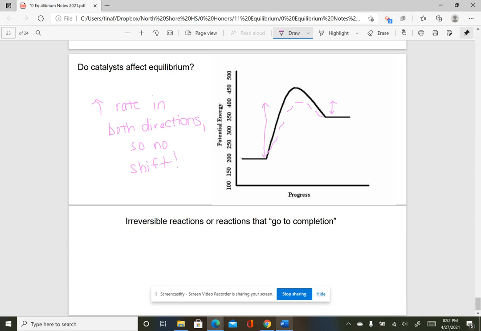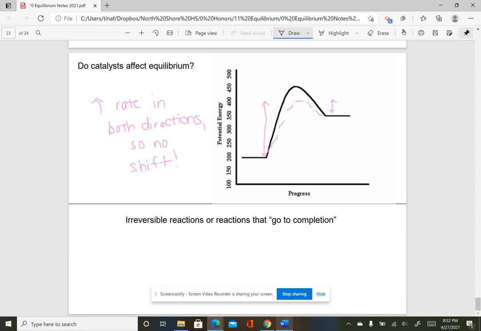All right. Irreversible reactions or reactions that go to completion. So basically, if you have a KEQ, an equilibrium constant, that's very, very large or small, that's saying that that reaction is probably irreversible or it went to completion.